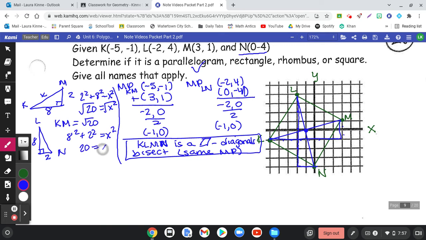We also get 20. So when we take the square root, it shows that LN is equal to radical 20. So they're the same. So since KM is congruent to LN, KLMN is a rectangle.